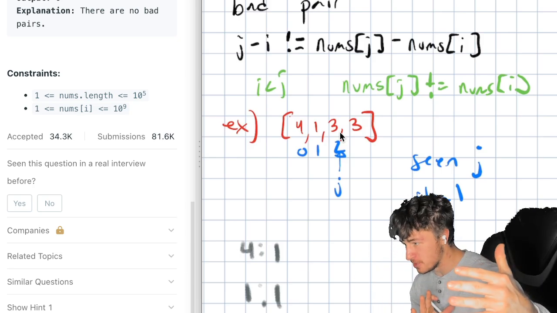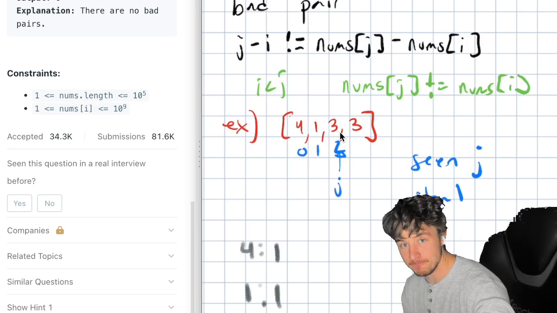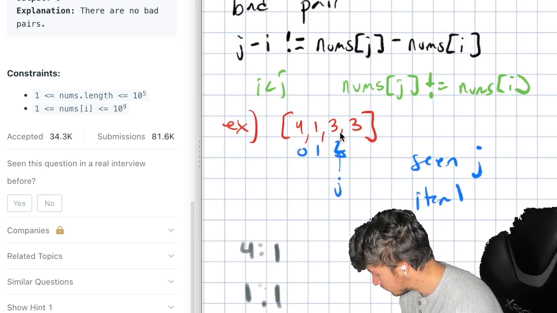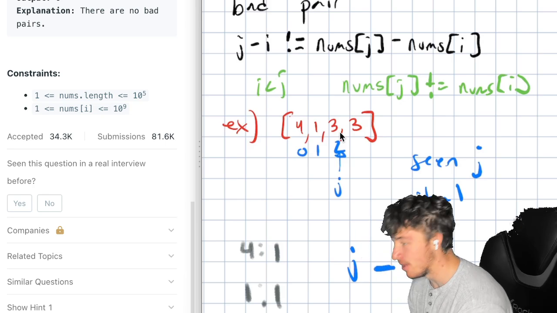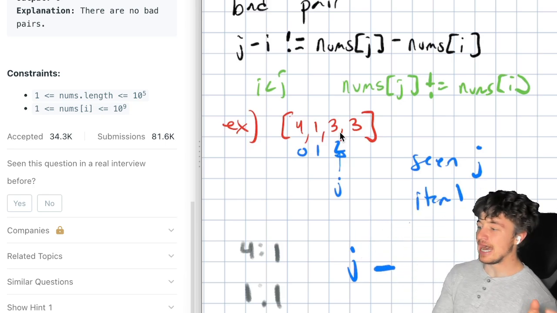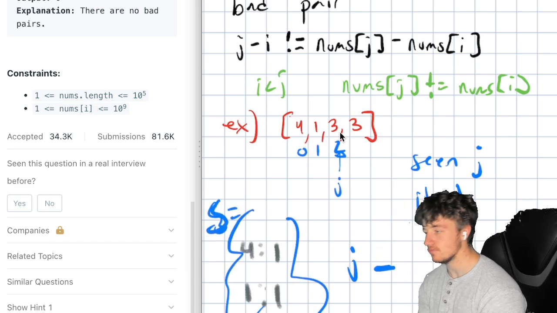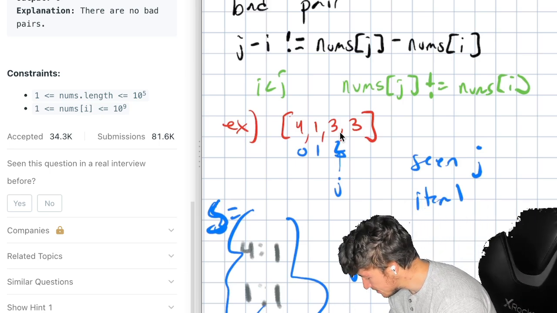So there's 2 things before me that could not equal. So the total number is j that could be, but how many of them equal me? Well, how many times have I seen, we'll call this thing seen, j minus seen of nums of j.